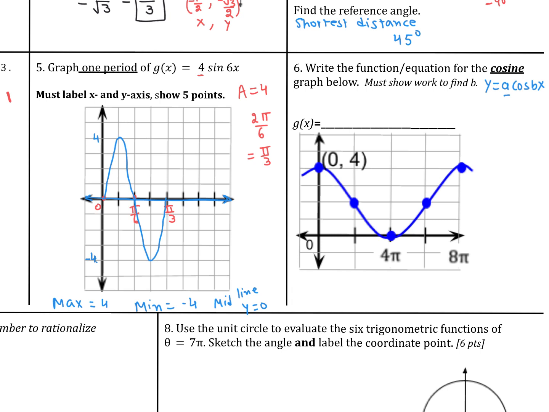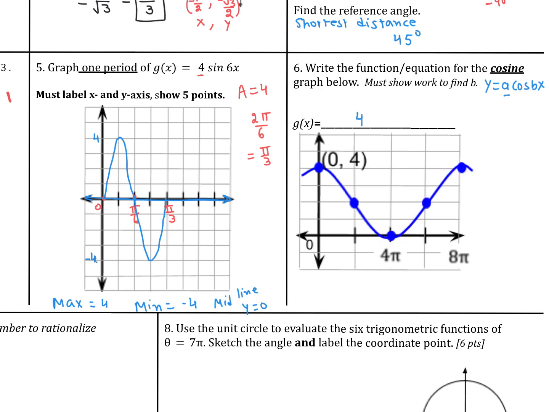In this case, the height looks like it's starting from 4, so the height of the graph is 4 in the front. Now it looks like it completes the whole cycle between 0 to 8 pi. So between 0 to 8 pi, and this is not a 2 pi graph.